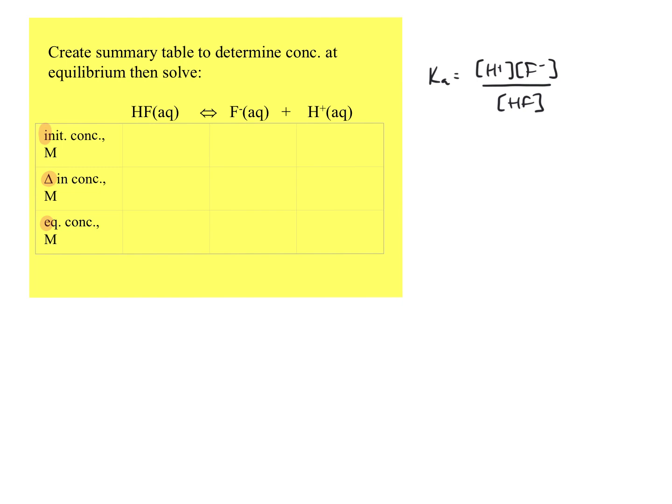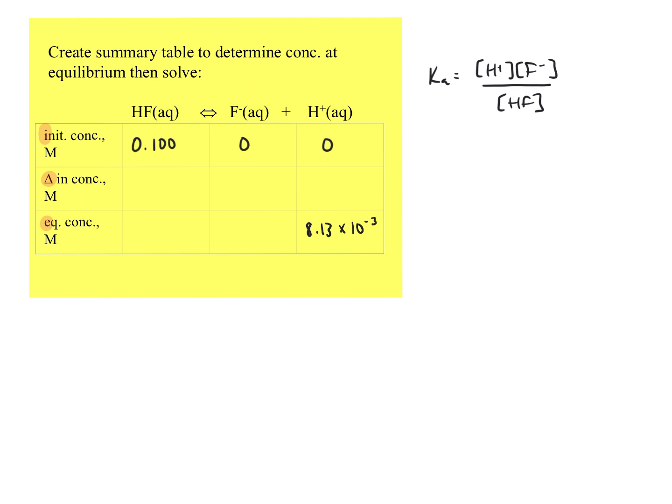Now, if we look at the preceding slide, HF before it dissociated is 0.100, and the products haven't quite formed yet, so we're going to make these concentrations 0 and 0. Now, the question gives us the equilibrium value, so we're going to put that right here, 8.13 times 10 to the negative 3.